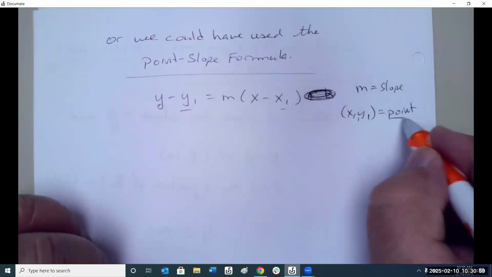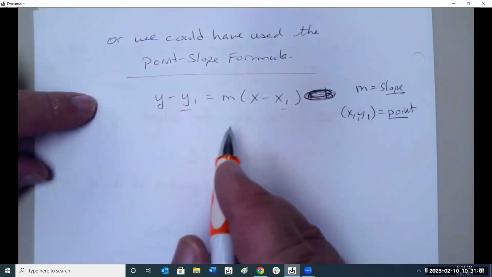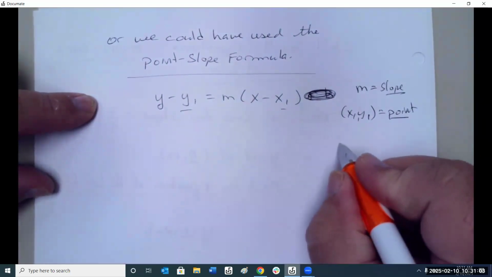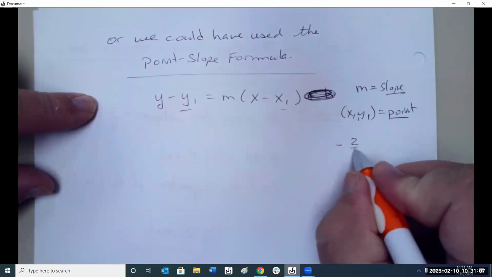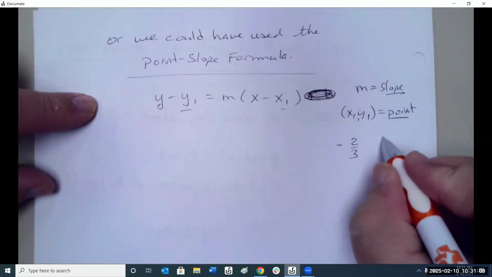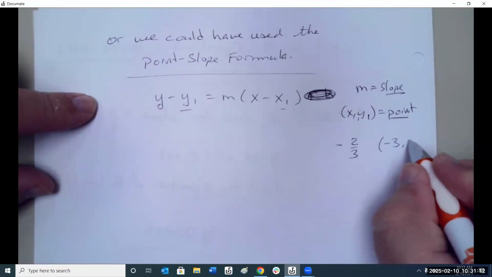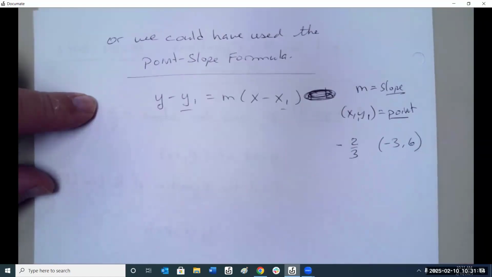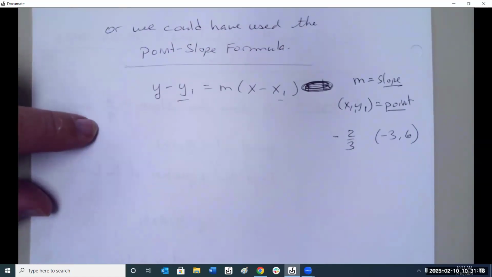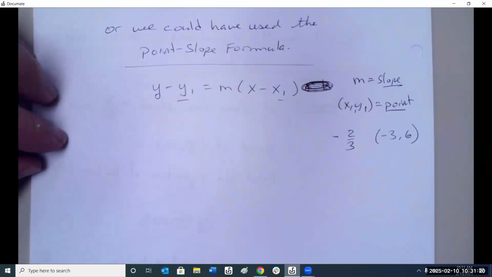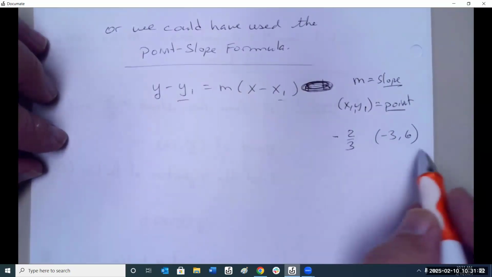Since we have a point and a slope, we could have used this one. Remember, our slope in the last equation was -2/3, and we were given the point -3, 6. So we could have just used this.